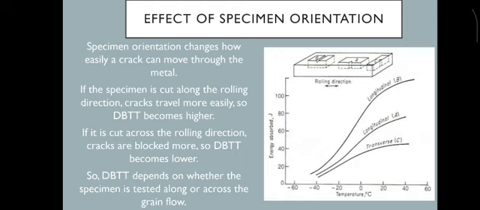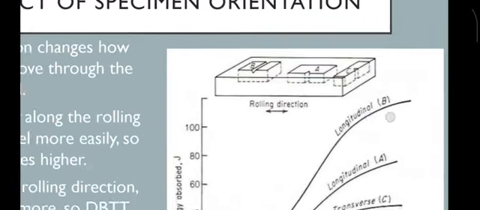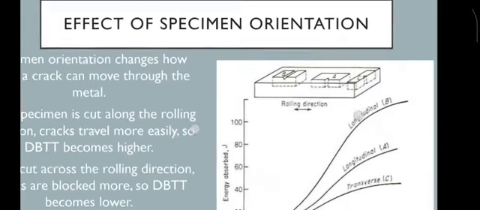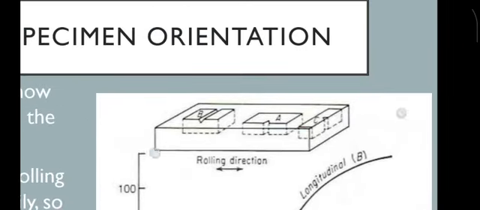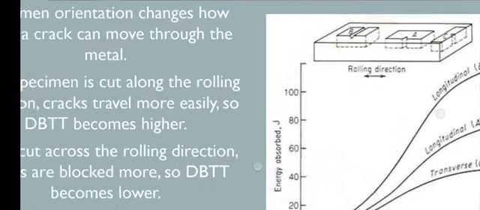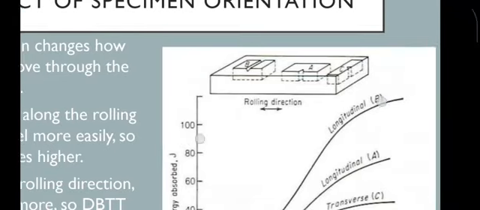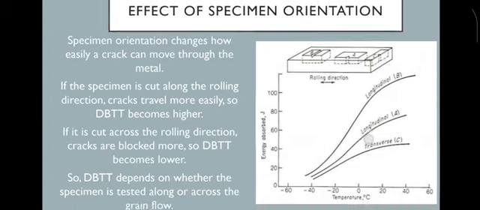If it is cut across the rolling direction, cracks are blocked more, so DBTT becomes lower.